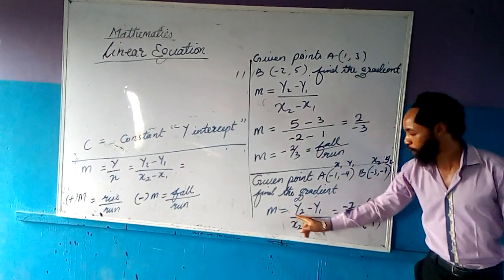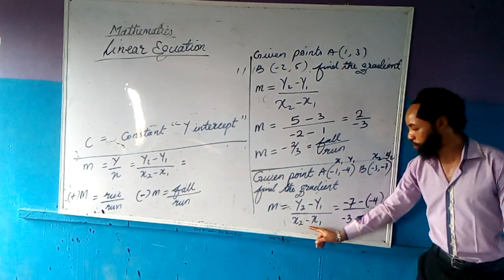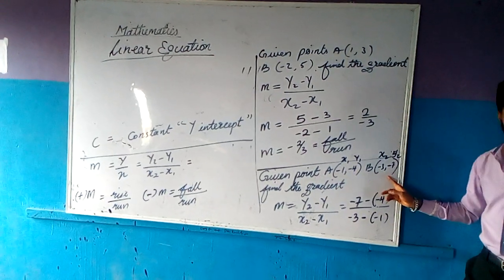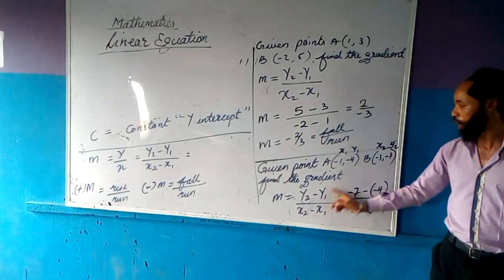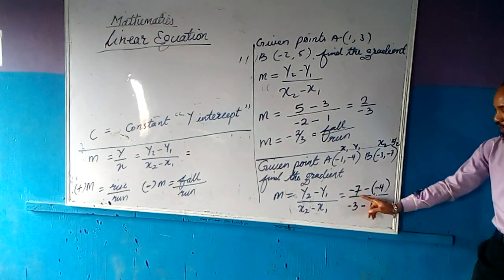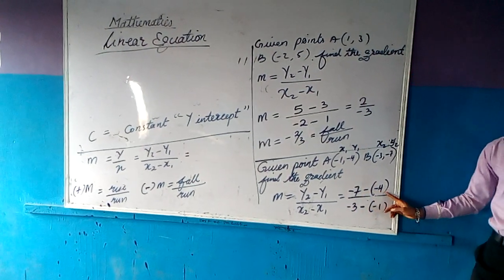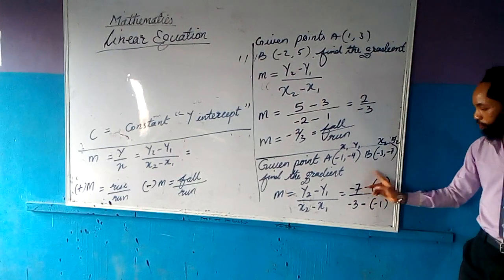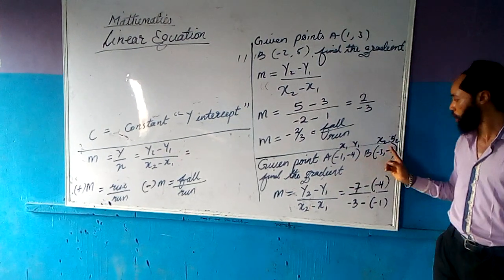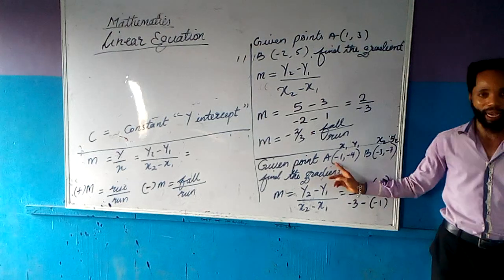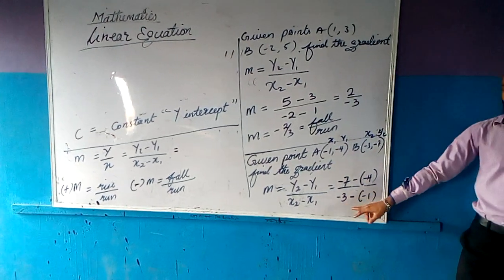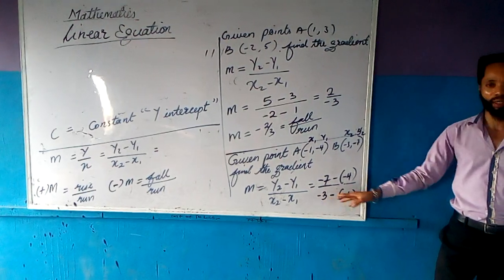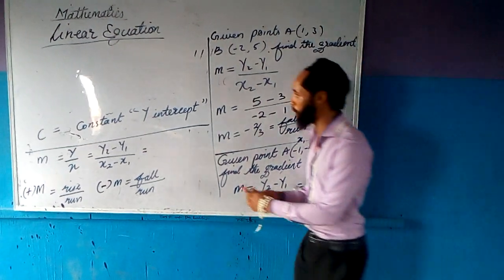Our slope is y2 minus y1 over x2 minus x1, given points A and B. We have y2 as negative 7, y1 as negative 4, so negative 7 minus negative 4. The negatives cancel out to give us a positive value. Then x2 is negative 3 and x1 is negative 1, so negative 3 minus negative 1. The two negatives cancel out to give us positive.